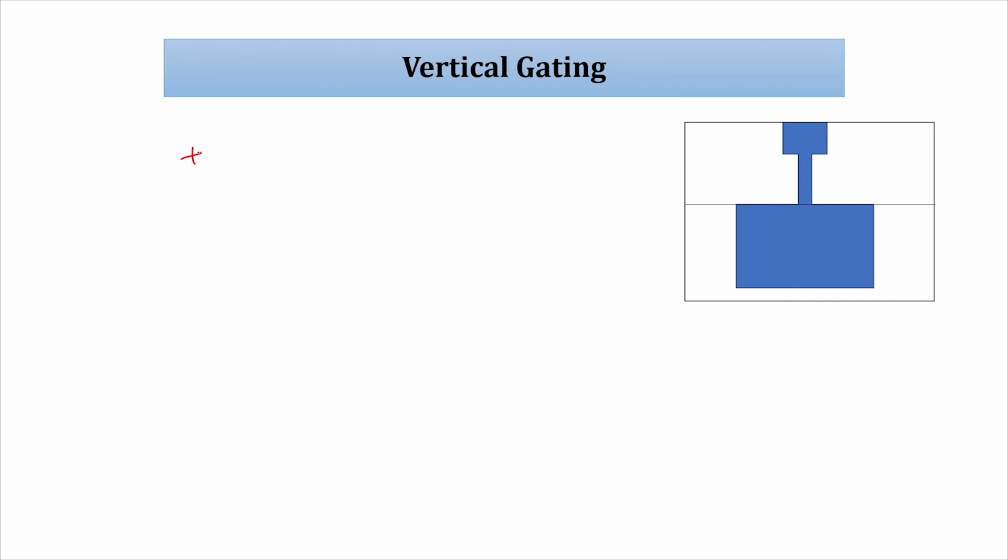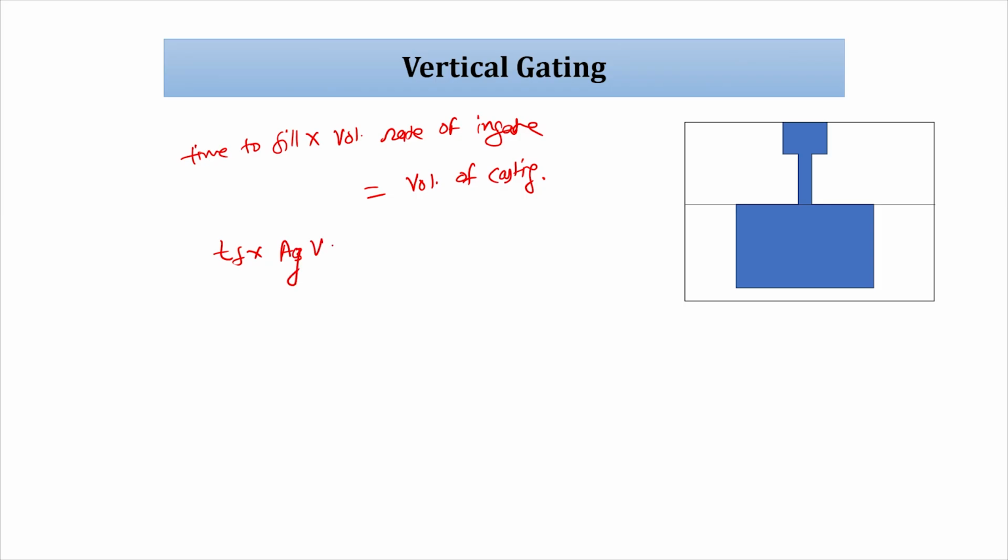then time to fill into volume flow rate of the ingate should be equal to volume of casting, isn't it? So, Tf into Ag Vg equal to volume of casting.